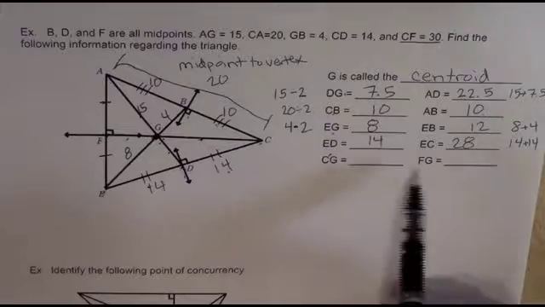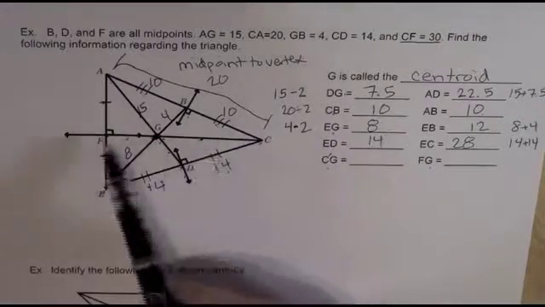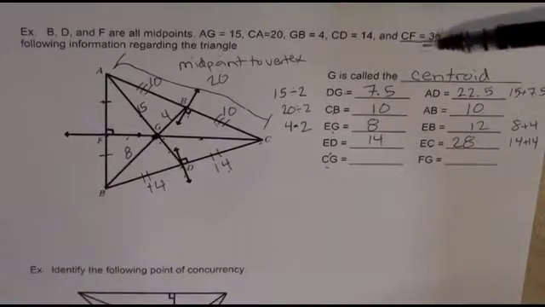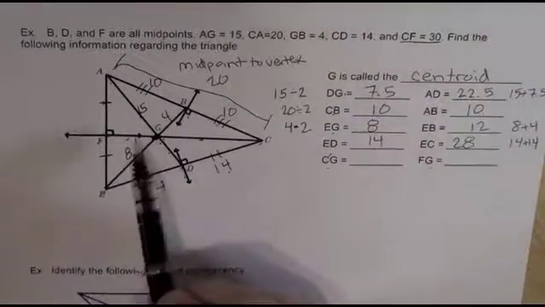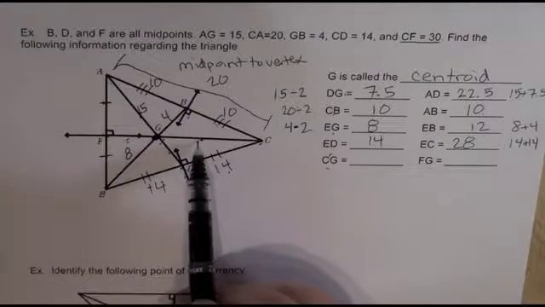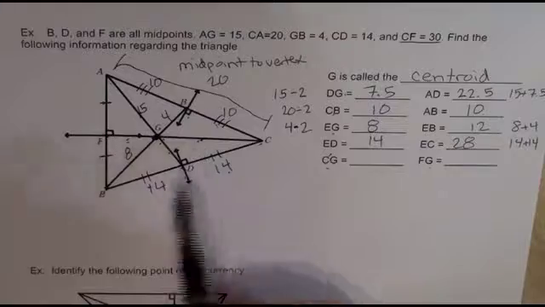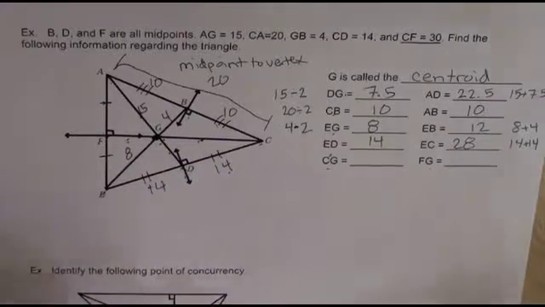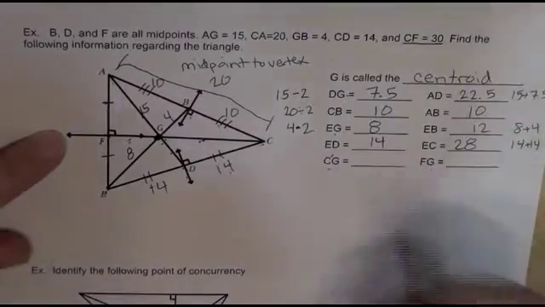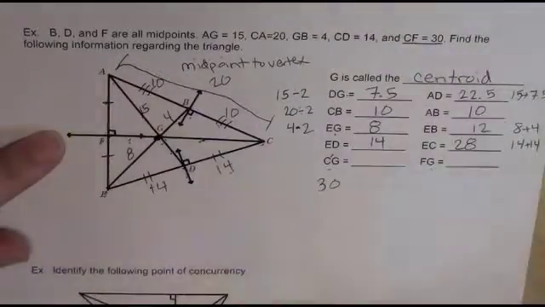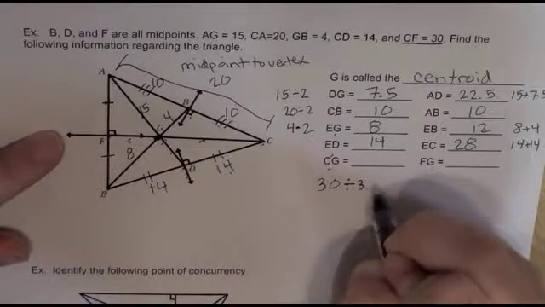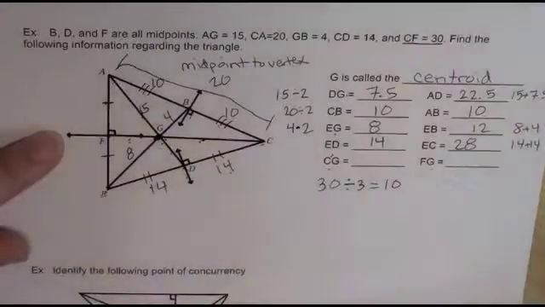Now CG and FG. This one's the tricky one. Because notice, they gave us CF is 30. But now we need to divide it so that we have two pieces that are not equal, but where one of them is twice the other. One way to go about this, and there are several ways, the one I prefer is to take the total distance, 30, and divide it by 3, and you get 10.